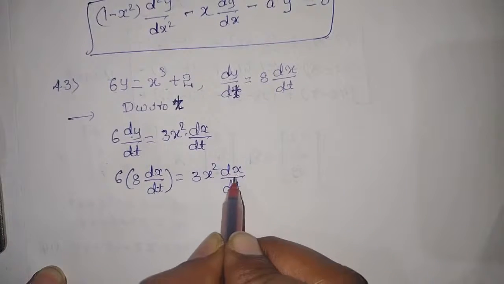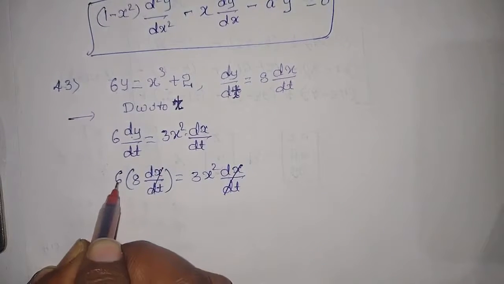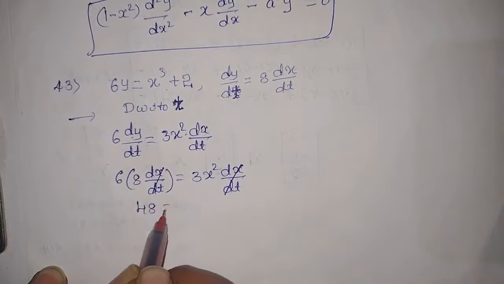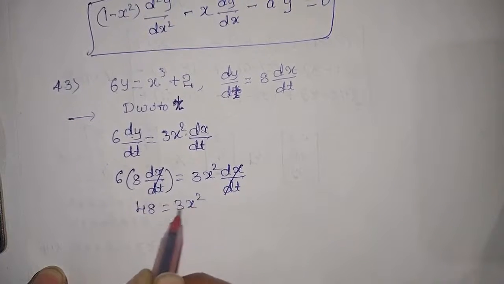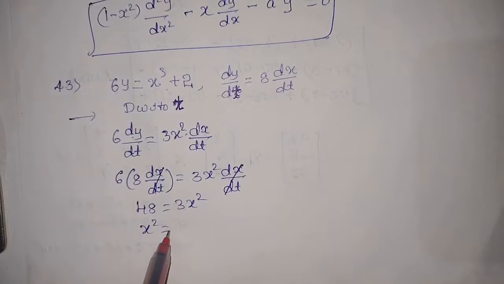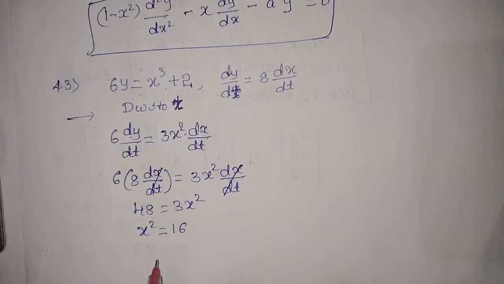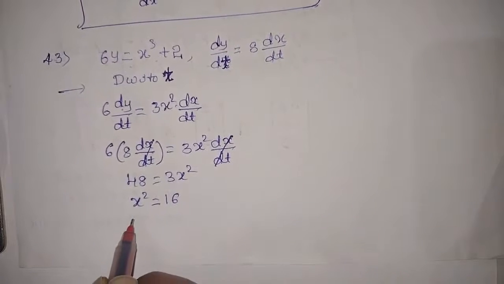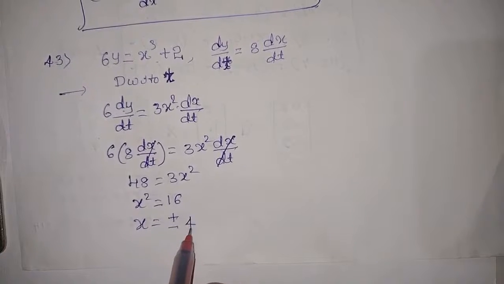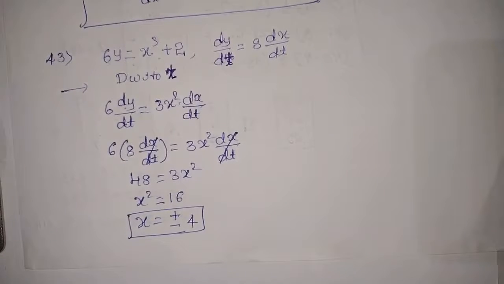On the right hand side and left hand side the same term dx by dt is there, so it gets cancelled. 6 8s are 48 is equal to 3x square. So 3 16s are 48, then x square is equal to 16. X square is equal to 16 means the value of x is equal to plus or minus 4.